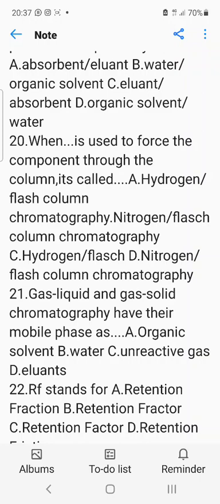And D, nitrogen flash column chromatography. So the answer is D. When nitrogen is used to force components through the column, it is called flash column chromatography. The flash does not have a C before the H. Take note of that. The answer is D.